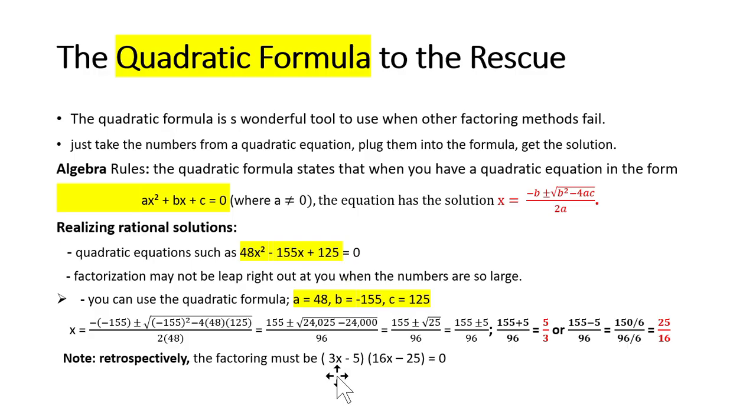It's like that: 3x minus 5 from the first solution, and 16x minus 25. So whenever you have factor terms, it can be not only just 2, 3, or 4, and 5 equals 0, you can solve it. Make each factor equal to 0.